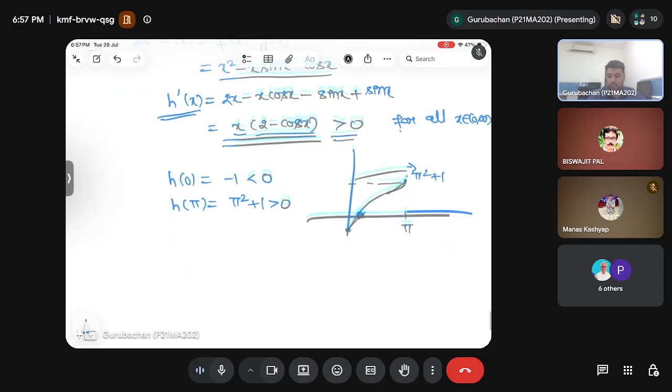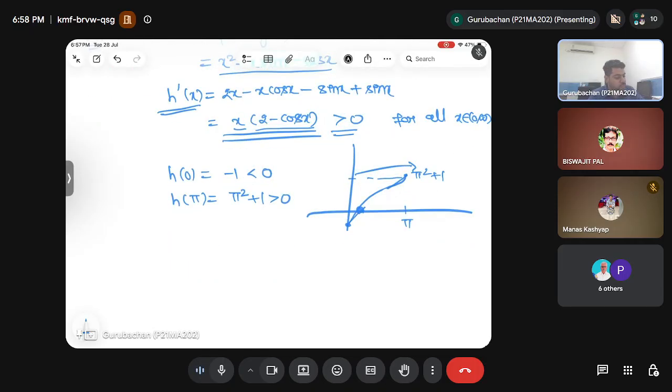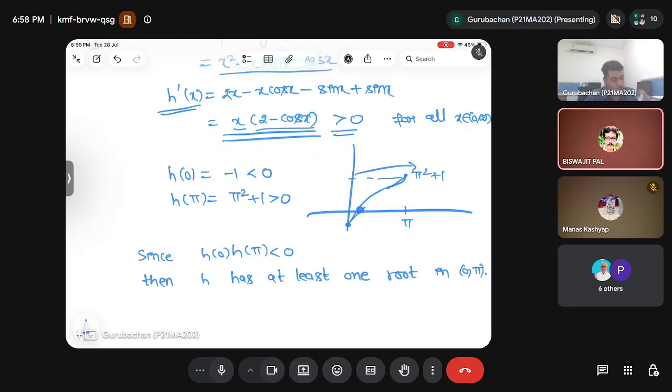Okay. So that is a famous application of this Lagrange mean value theorem. Since h of 0 into h of pi is less than 0, then h has at least one root in the open interval 0 to pi.